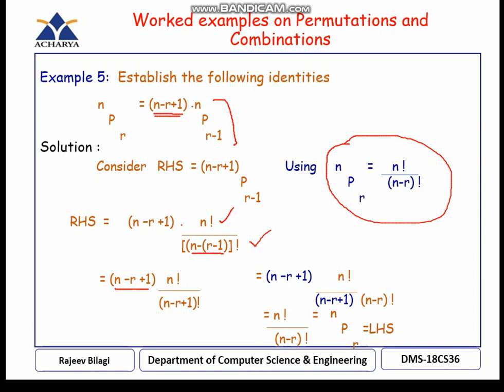So this I will write here, (n - r + 1) factorial, which I can write as (n - r + 1) into (n - r) factorial, one less. So this will get cancelled. We are left with n factorial divided by (n - r) factorial, which is equal to nPr, which is my LHS. So I started with the RHS part and I have obtained the LHS part.